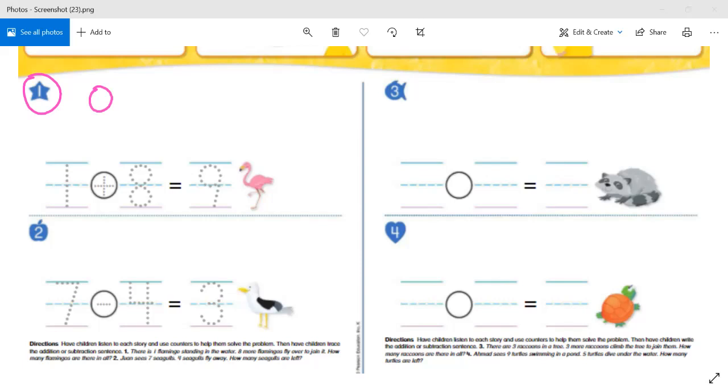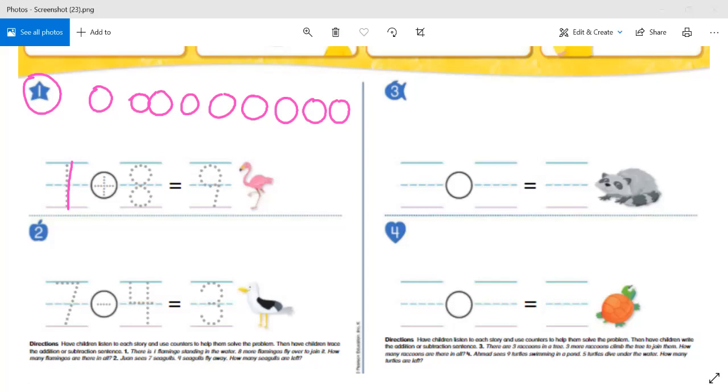So let's draw 8 more counters. 1, 2, 3, 4, 5, 6, 7, and I'm going to draw this one over here. 8. So let's trace it. We had one flamingo. 8 more join it. So is that a subtraction or an addition problem?